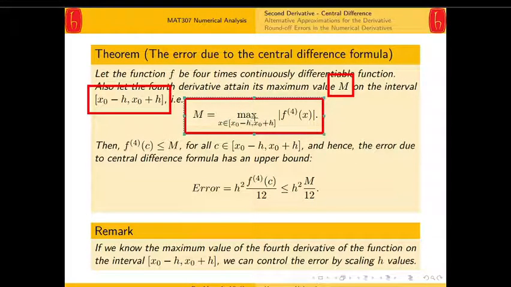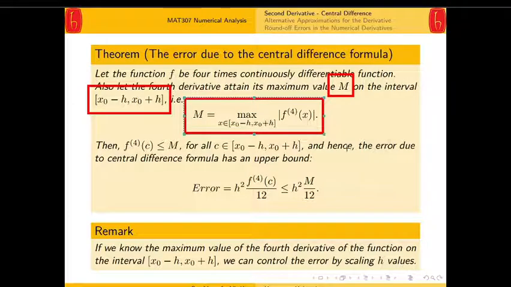So M is equal to the maximum of the fourth derivative in absolute value, where x is varying from x naught minus h to x naught plus h. So this M is the maximum value of the fourth derivative. If this is the case, we say c is in this interval. So the fourth derivative of f at c is less than or equal to M, because M is the maximum value.